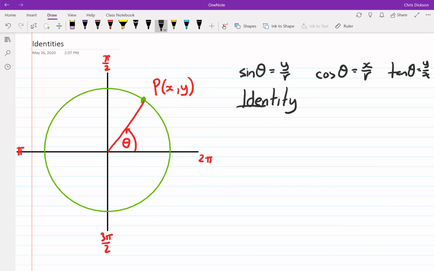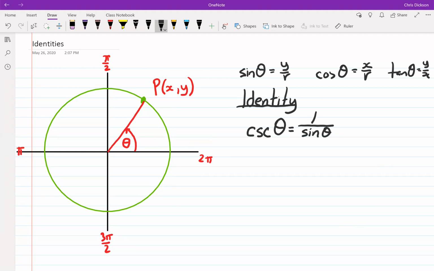There are many different types of identities. I should have said trigonometric identities, but an identity is basically just a true statement in math. If we look at a term like cosecant of theta, we've learned that is really 1 over the sine of theta.